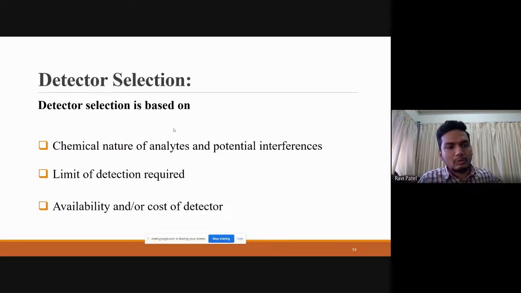So what level of detection limit do we need? According to that, we should select our detector as well. It is one of the important parameters. The next is availability and cost of the detector.